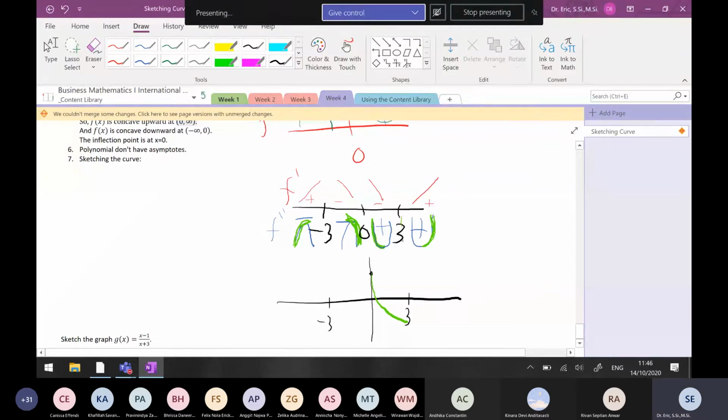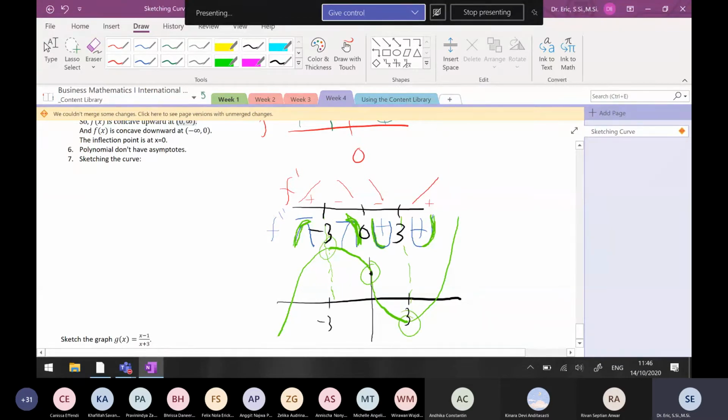This is the graph; qualitatively, I have the graph. Can you follow me? This is the inflection point, where it changes concavity. This is the local maximum, and this is the local minimum.